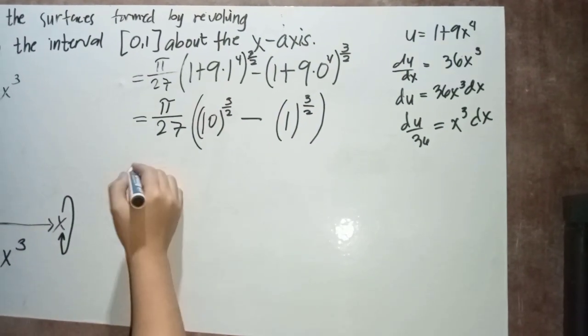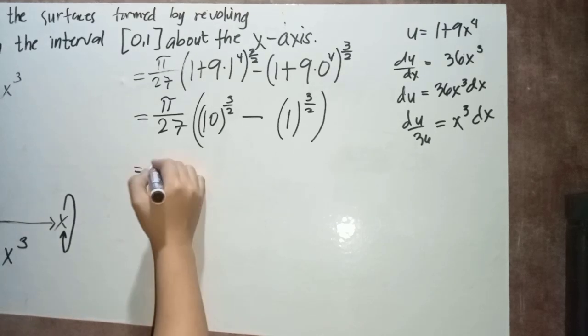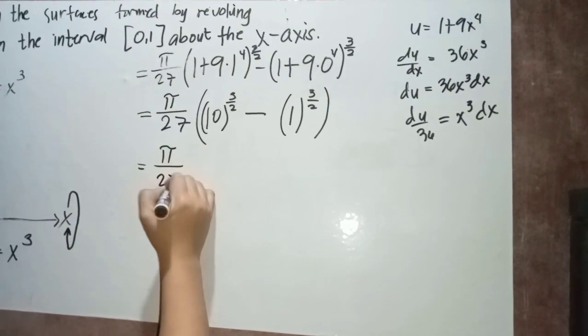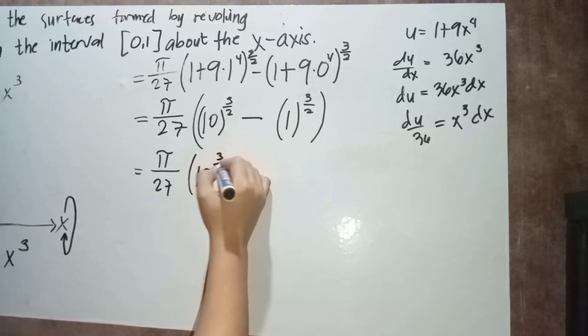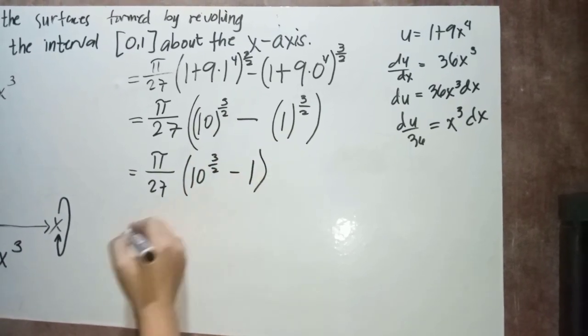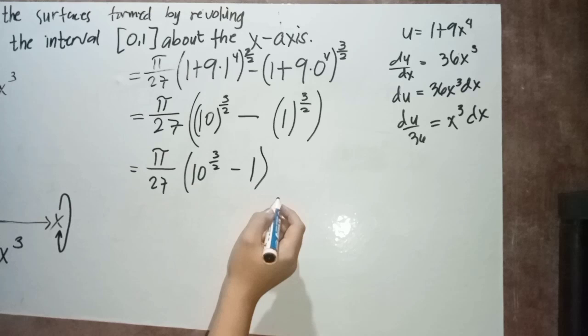So we have π/27 times (10^(3/2) − 1), since 1 to the power of anything is just 1. And so this is our final answer.